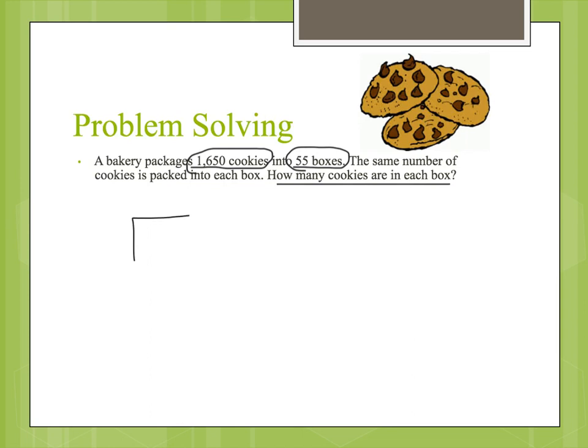So let's go ahead and write, I like to call it my den. So we have 1,650 divided by 55, just like that. And now we have to place the first digit in the quotient. So can I do 55 into 1? Oh, no, you can't, Mrs. Lambert. So I'm going to put a little mark there.